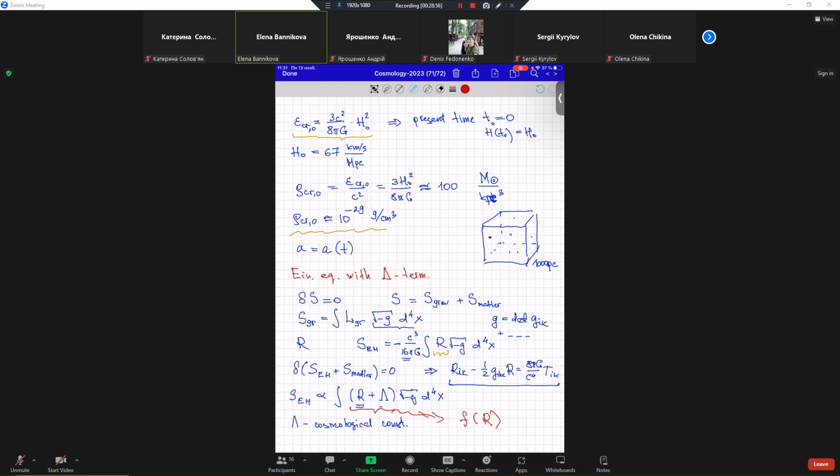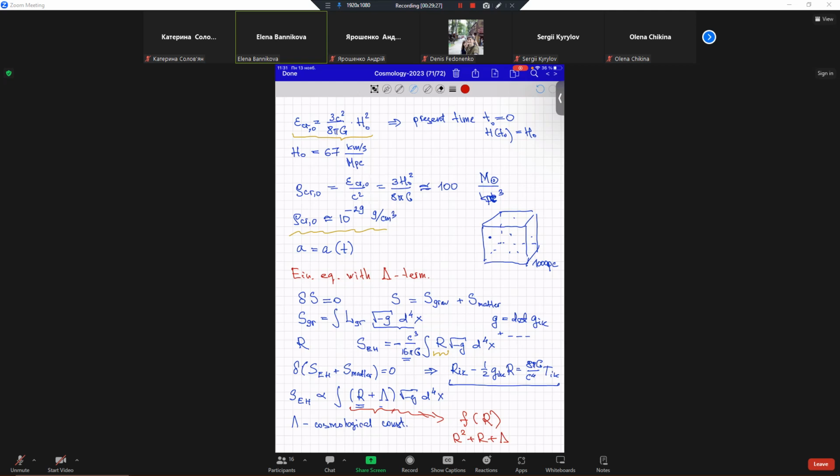And this question is really right and important because, yes, we can put, for example, R squared plus R plus lambda. The Einstein equation in the form which we know very well was obtained from the idea that we put the scalar curvature in the Lagrangian density. It's only one possibility.